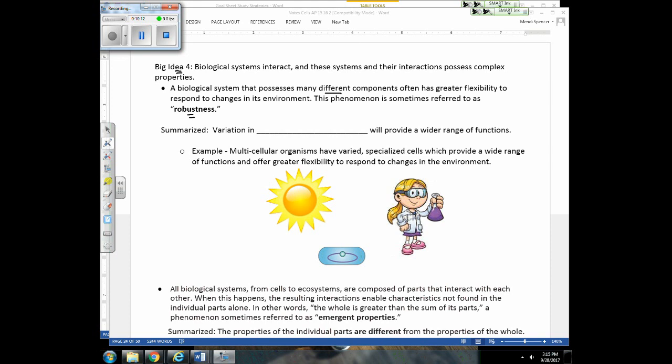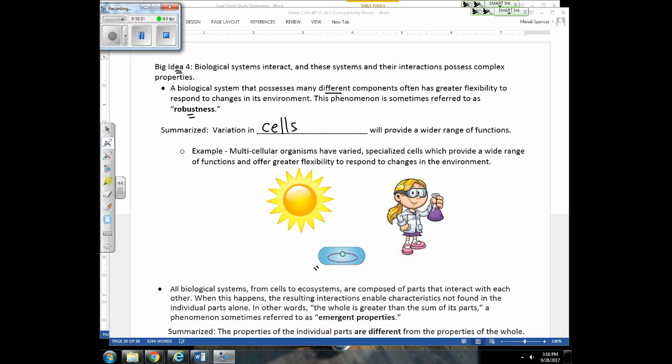And again, this phenomenon is called robustness. So we're going to just emphasize that variation in cells, you have muscle cells, red blood cells, white blood cells, is going to provide you with a wider range of function in comparison to this little bacteria cell right here.